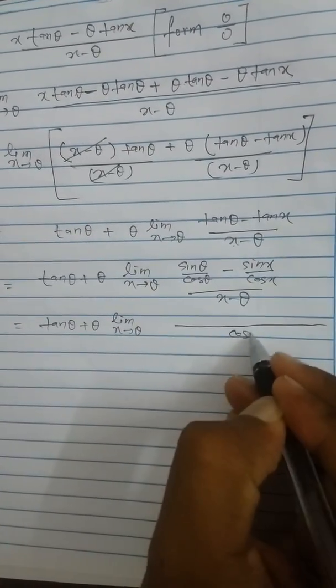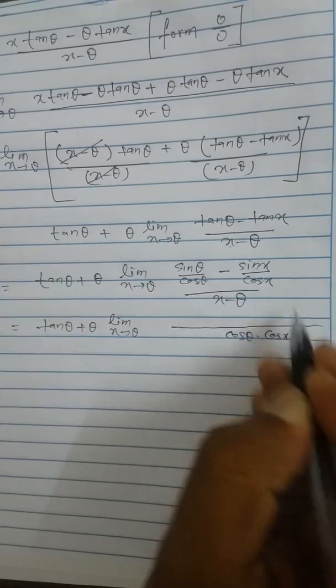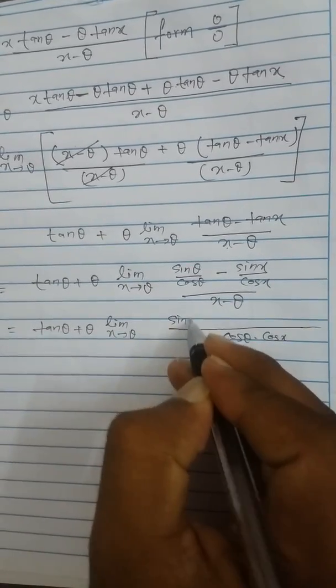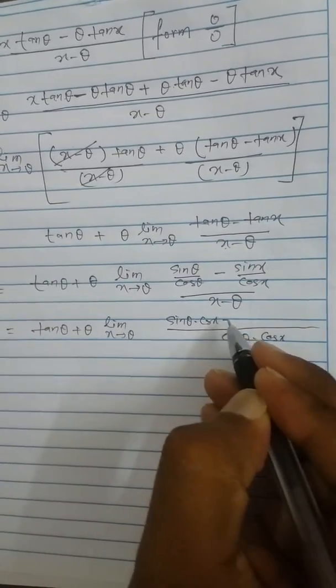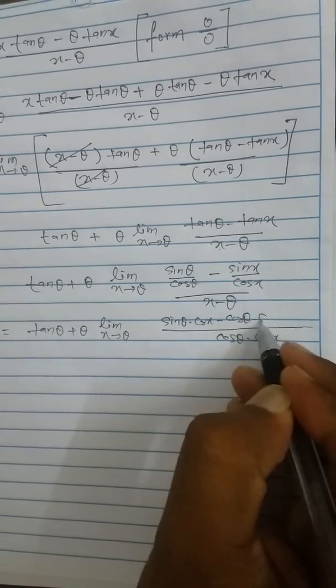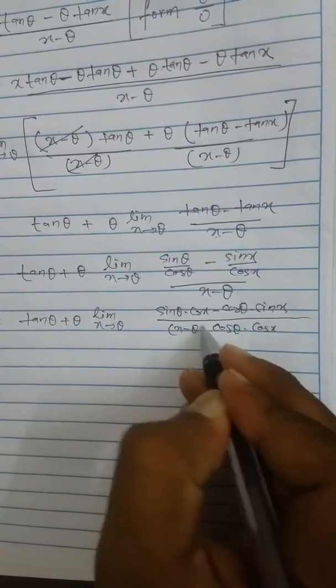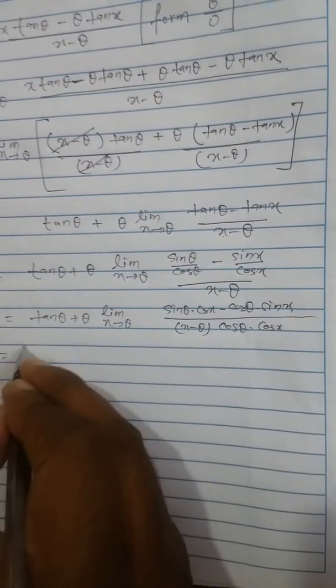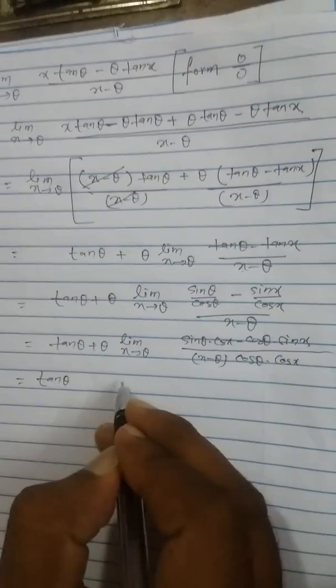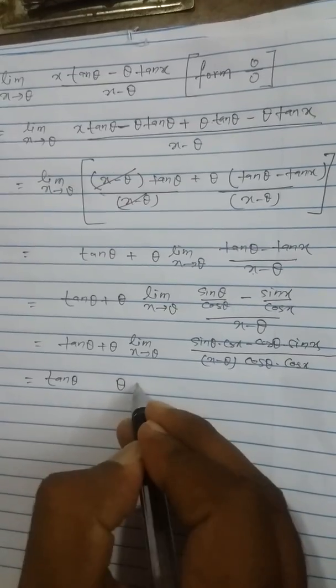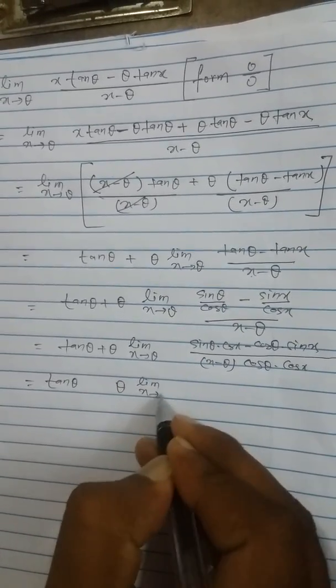The LCM will be cos theta into cos x. So you will be left with sin theta into cos x minus cos theta into sin x in the numerator, and this x minus theta can be written here. This is tan theta as it is, theta as it is, limit x tends to theta as it is.